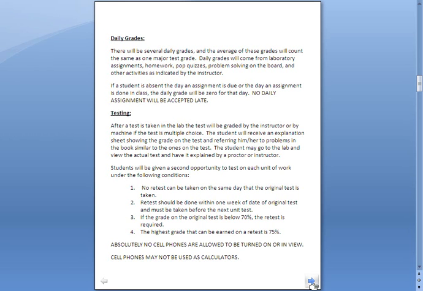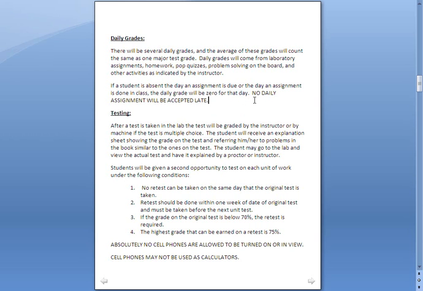All right. Now, here's one important thing that you need to note about the daily assignments. If you're absent the day that I give a daily assignment or the day that I pick up a daily assignment, your grade on that daily assignment is going to be a 0. Now, again, I want you to key in on that. Your grade on that daily assignment is going to be a 0.